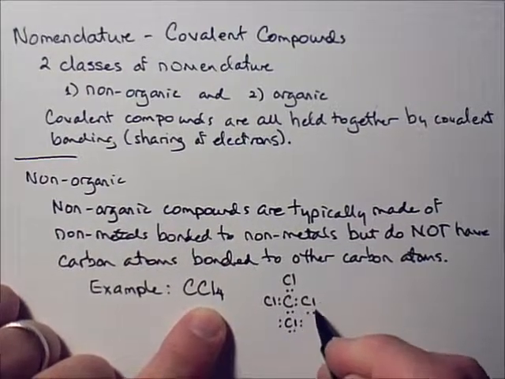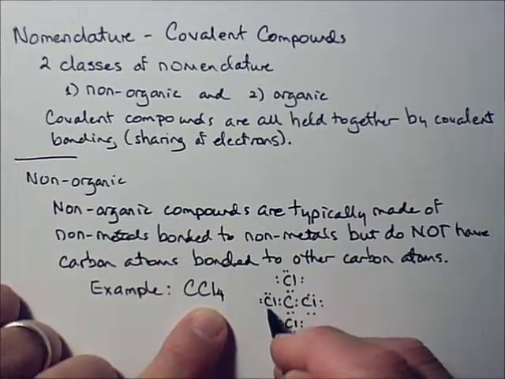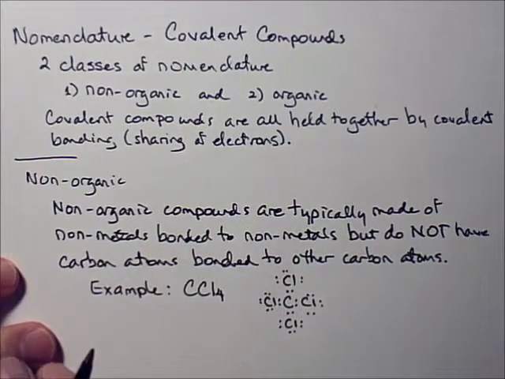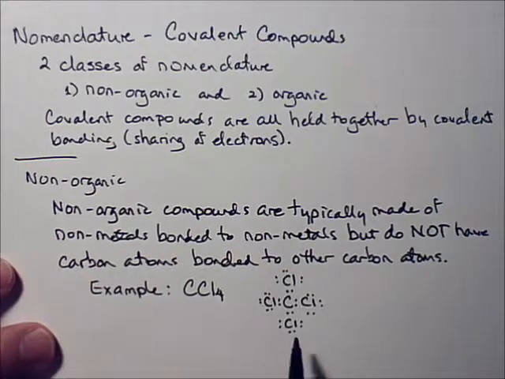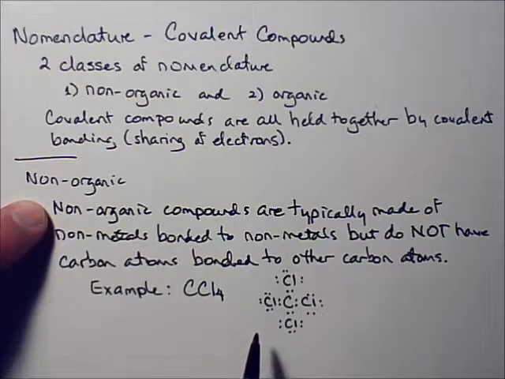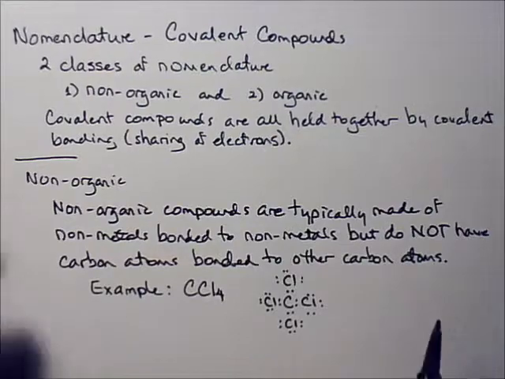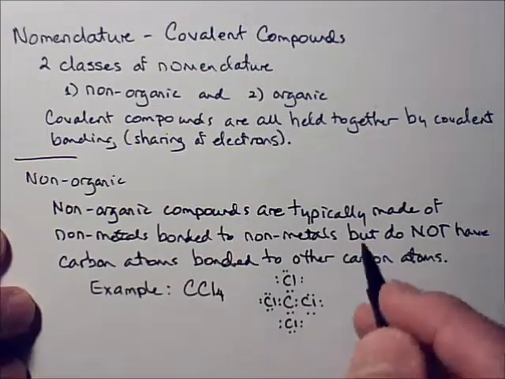I'm using a Lewis dot formula here. This is one carbon atom bonded to 4 chlorine atoms. So that is an example of a non-organic compound. There is a carbon there, but for it to be organic, it has to be one carbon bonded to another carbon, or more than that, somewhere in that structure.